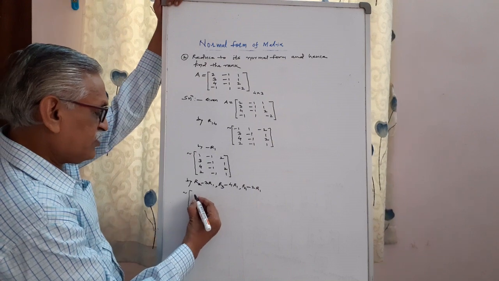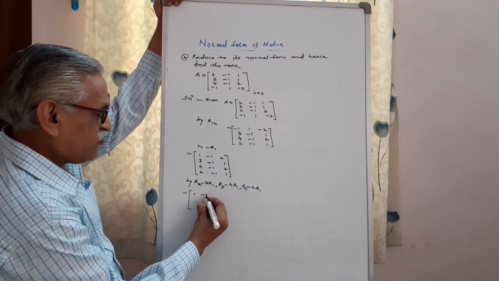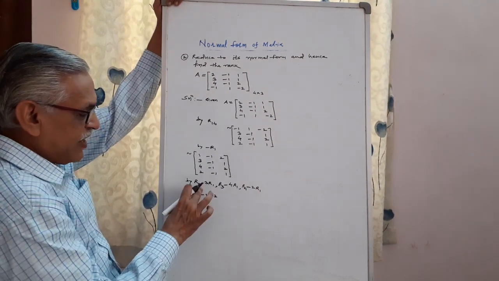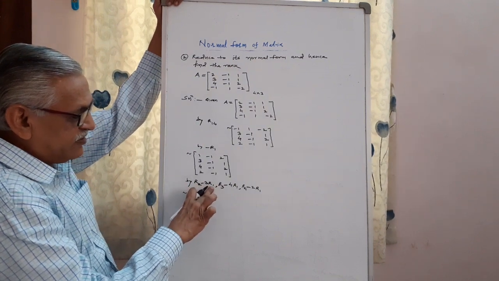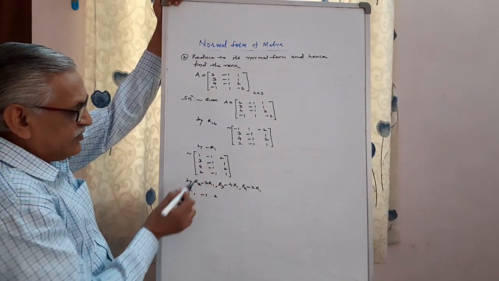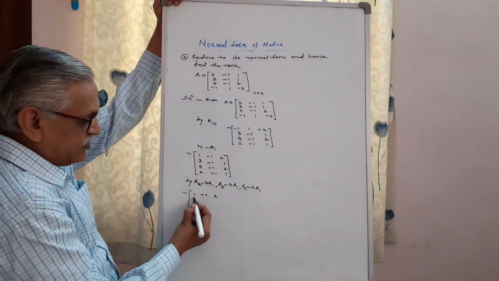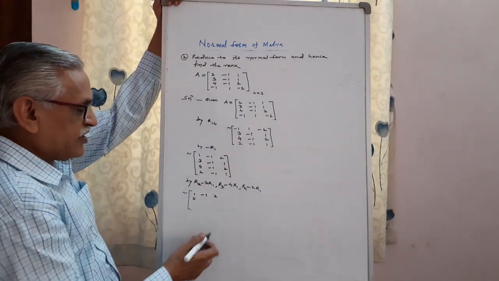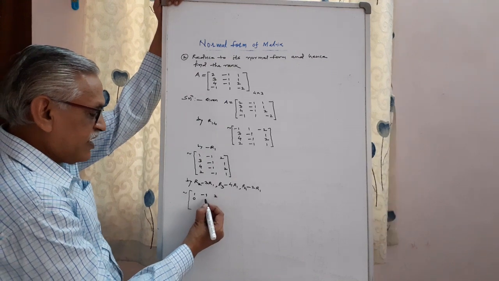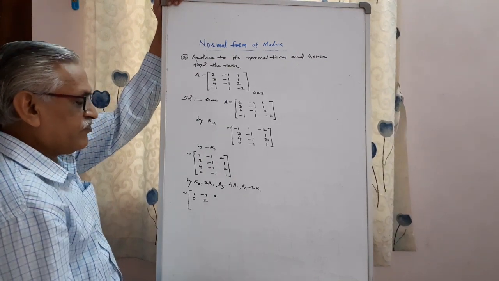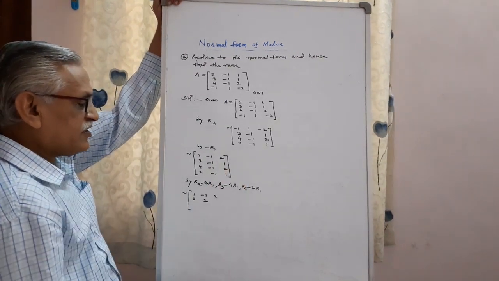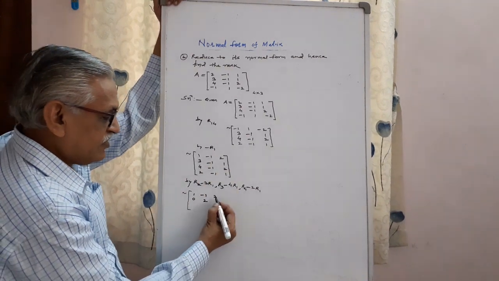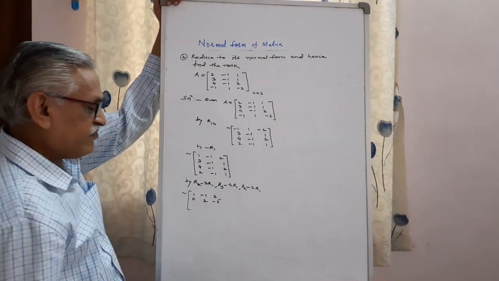First row no change, 1, -1, 2. Applying R2 minus 3R1, 3 minus 3 times 1 is 0, then -1 plus 3 is 2, then 1 minus 6 is -5.